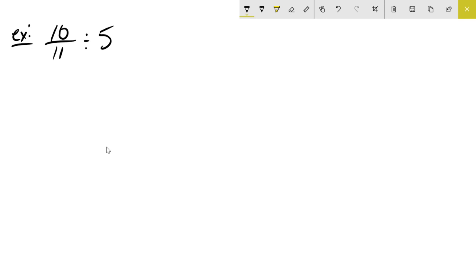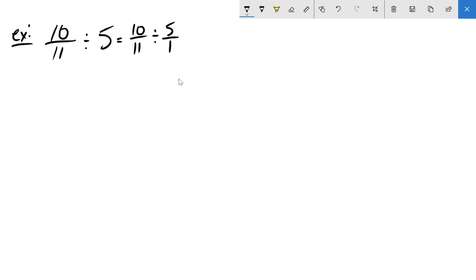What's the first thing we should do here? Well, we're going to have to change to multiplication, but first we also need to make sure everything looks like a fraction, right? So this is 10 over 11 divided by 5 over 1.